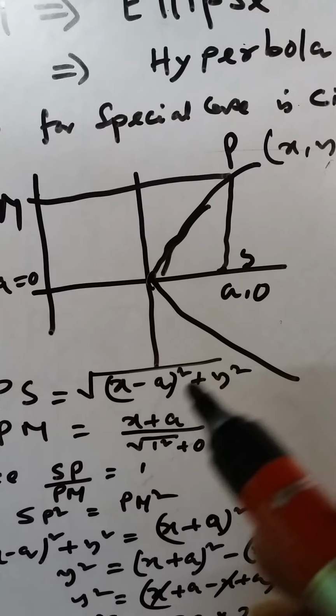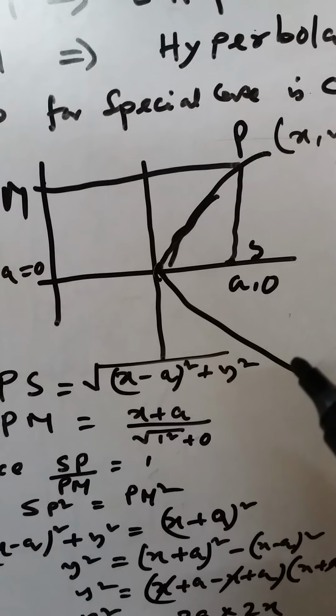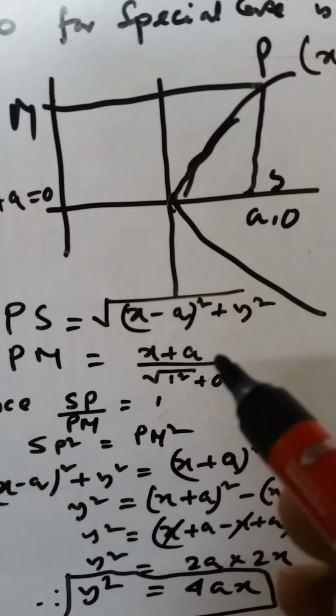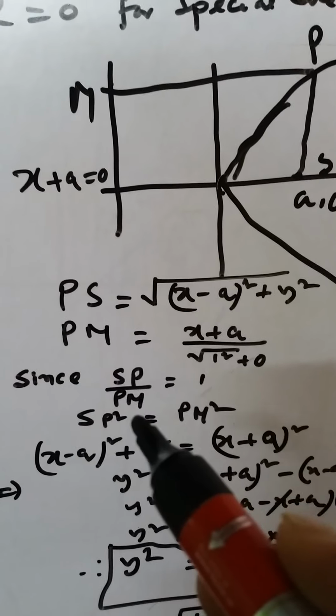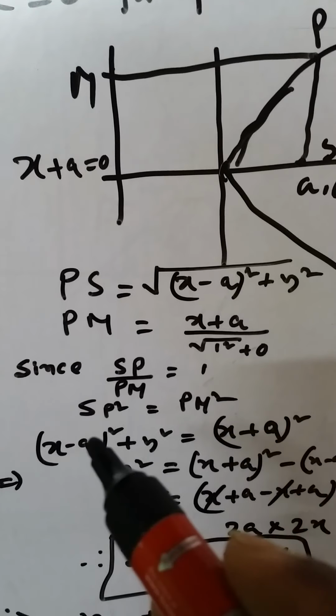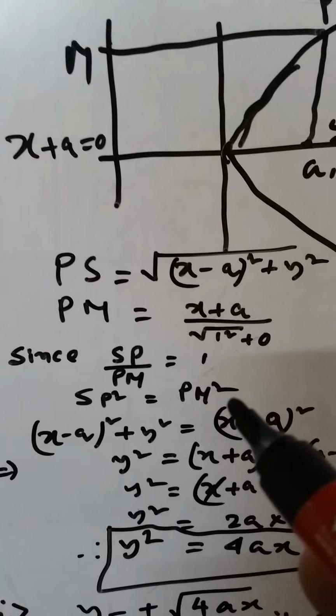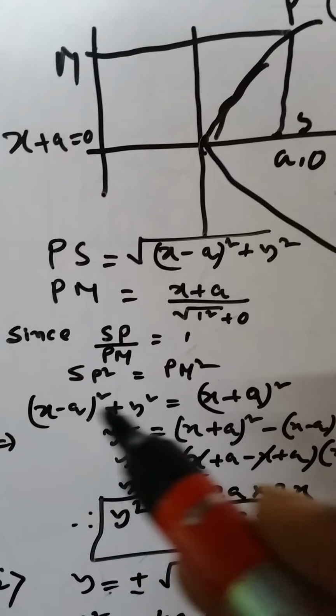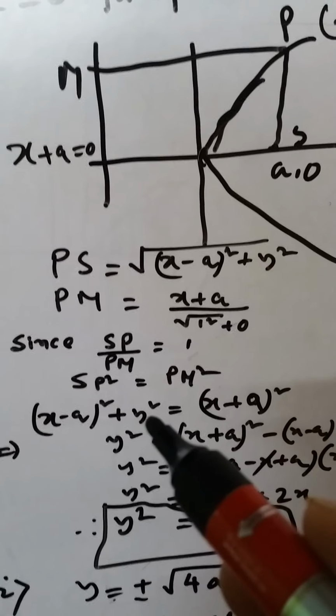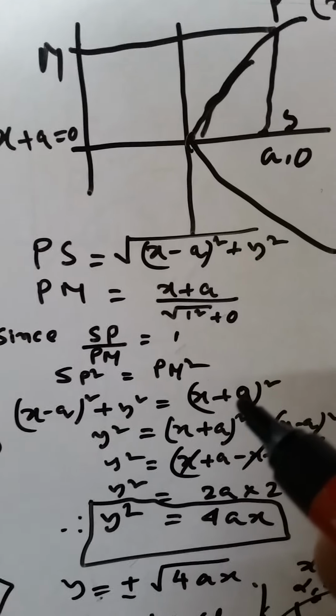Now, SP equal to root x minus A whole square plus y square, and PM equal to x plus A by root 1 square plus 0 square. Then SP by PM equal to 1, SP square equal to PM square, and squaring both sides we get x minus A whole square plus y square equal to x plus A whole square.